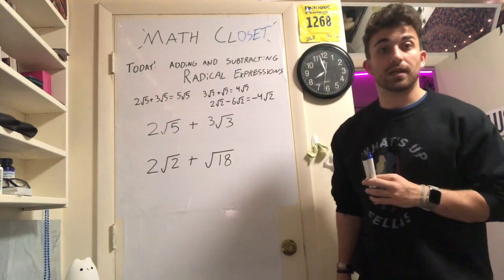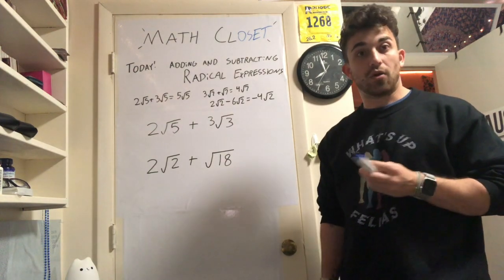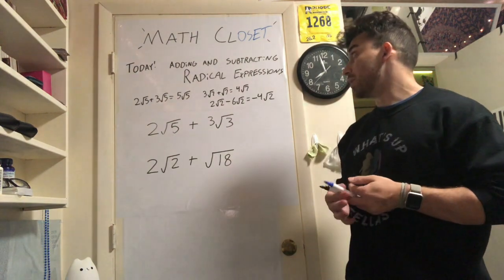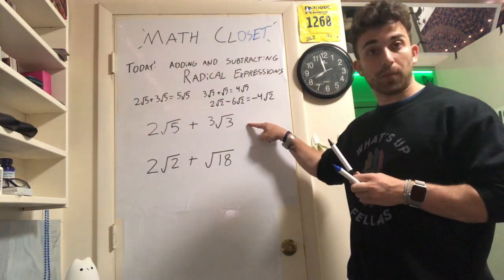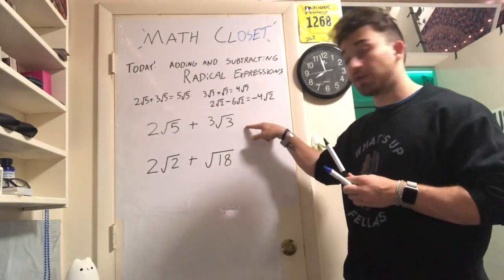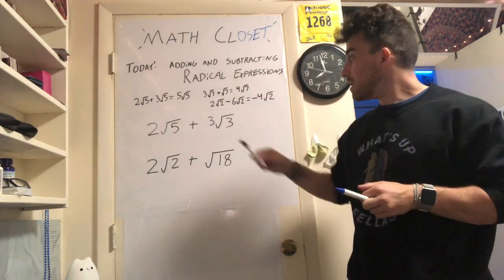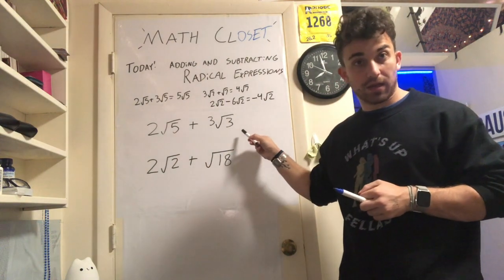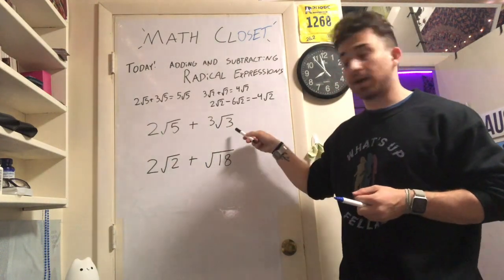All right, last 2 examples. Remember, it's not like we can always combine radical expressions, right? So in this example, we have 2 radical 5 plus 3 radical 3. And remember what we talked about with combining like terms, these are different radicands. So a radical 5 is not the same as a radical 3.